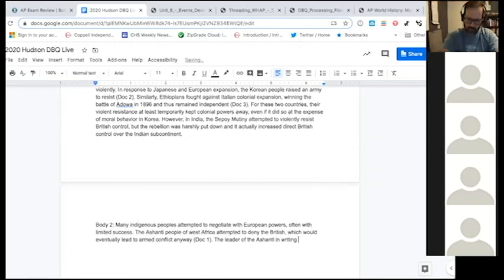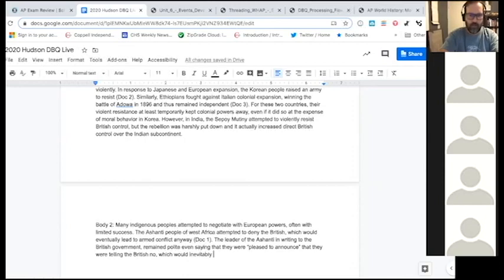In writing to the British government, the Ashanti remained polite, even saying that they were pleased to announce. So this is the one place I'm going to quote just because the language matters. So they were pleased to announce that they were telling the British no, which would inevitably anger the British.